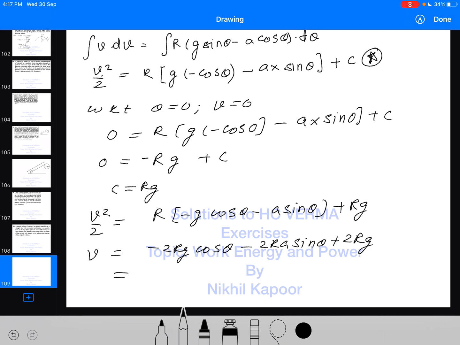I can take 2rg as common here, so that would be 2rg in bracket 1 minus cos theta, minus 2ra sin theta. So the speed comes out to be under root of 2r in bracket g times 1 minus cos theta, minus a sin theta. That would be the final answer to this question. Thank you.